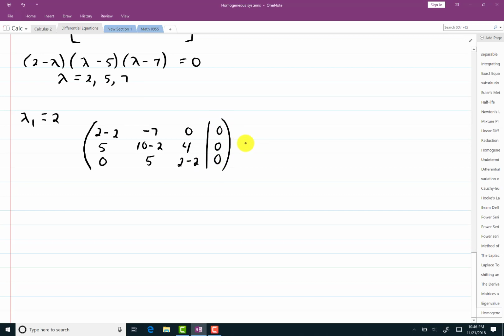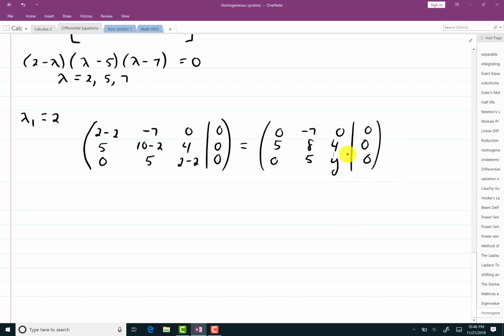Let's clean up a little bit before I do any simplifying. I have 0, negative 7, 0. In the last line, I get 0, 5, 0. And in the middle line, I'll get 5, 8, 4.